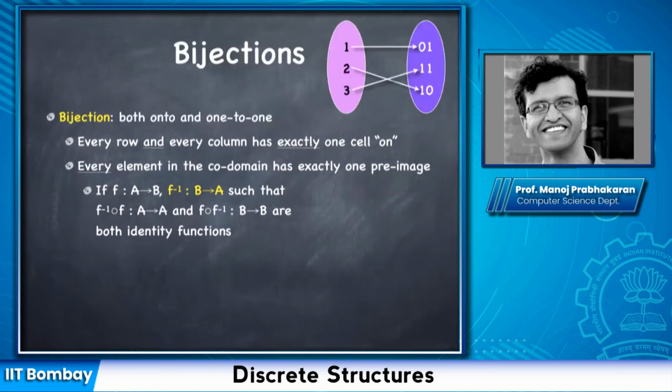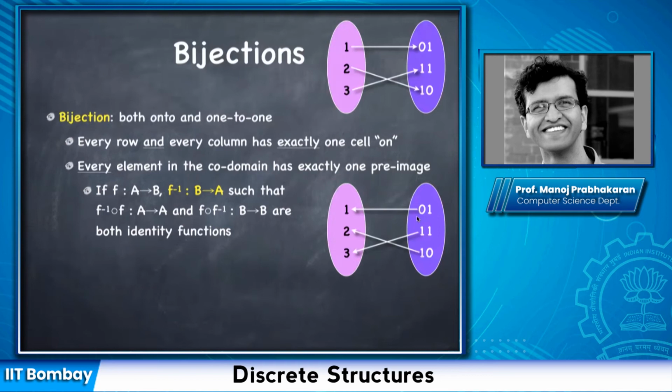So as an example here, here is a bijective function mapping 1, 2, 3 to these three things, and its inverse is simply obtained by taking the transpose of the matrix, or in other words, flipping the arrows in this diagram, taking this as the domain and this as the codomain. So these are all descriptions of the same operation, and that is the inverse operation.